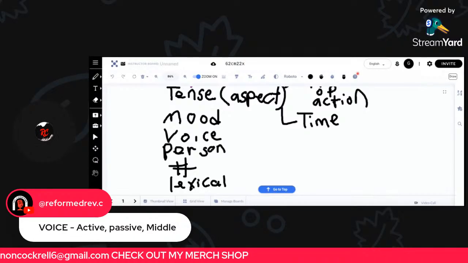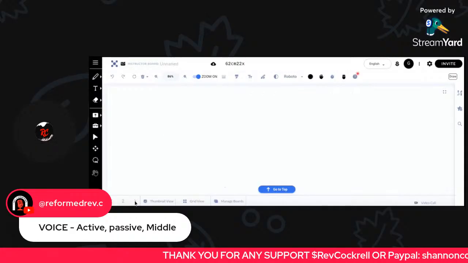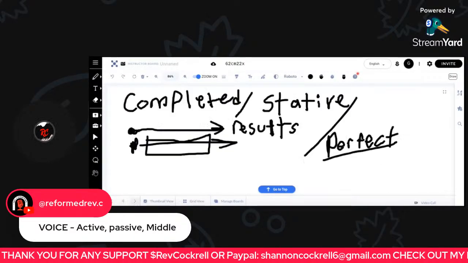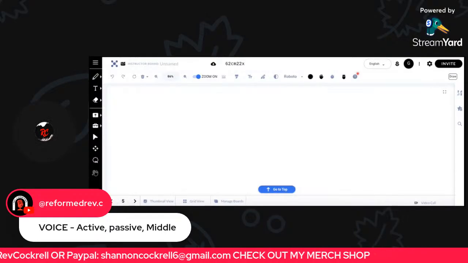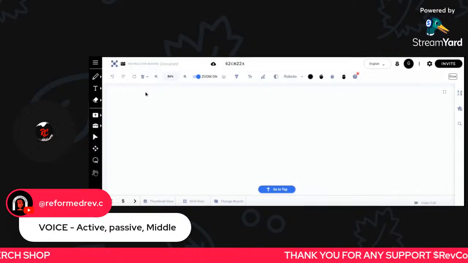Voice, person, number, and then the lexical form, or the dictionary form. So just for an example, and we'll be done, and we go over these deeper when we come to the actual verbs.